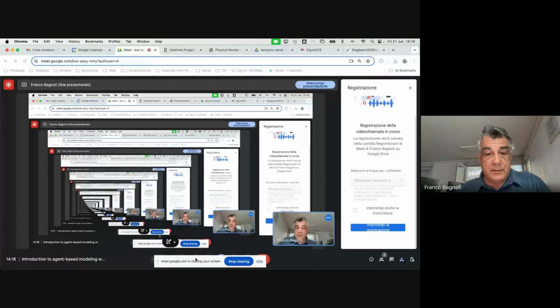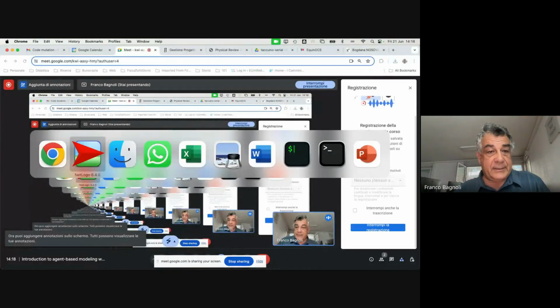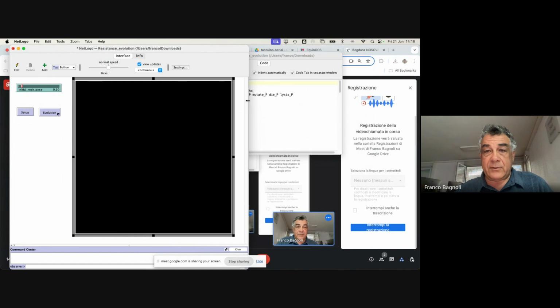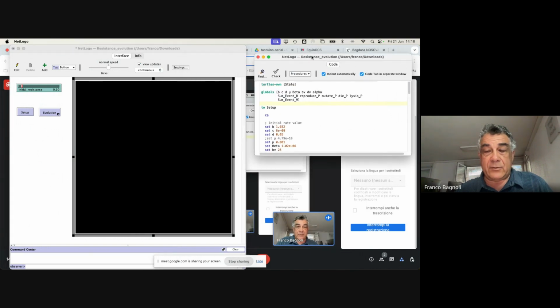That is the project. Let's try to see how we could implement this model in NetLogo. Okay, so this is the draft code that Raphael wrote down.